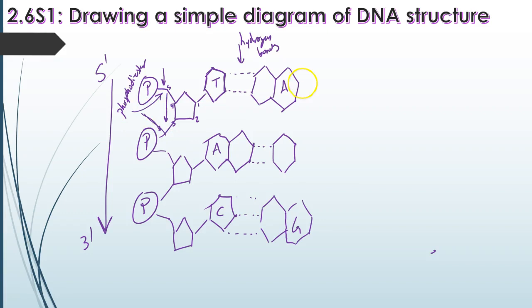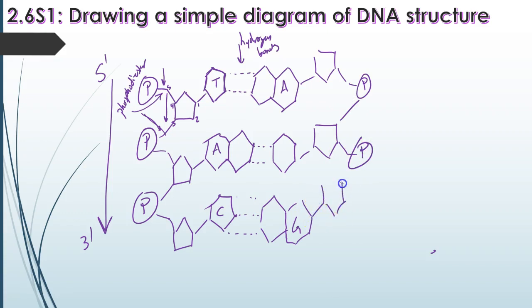And on these, you can see that this would be an adequate drawing of basically a series of 3 nucleotides on the left and 3 nucleotides on the right.